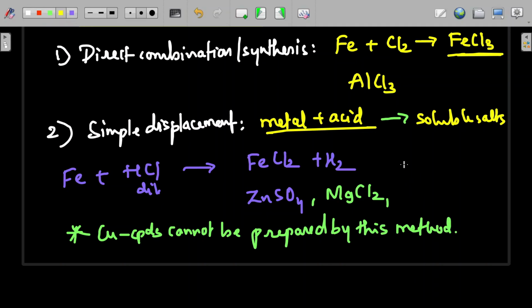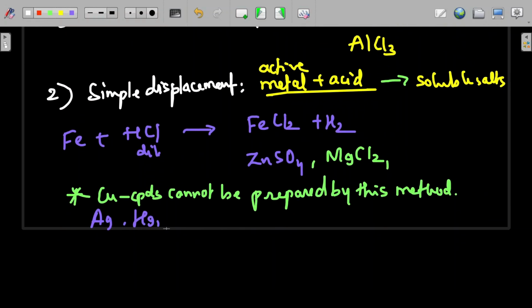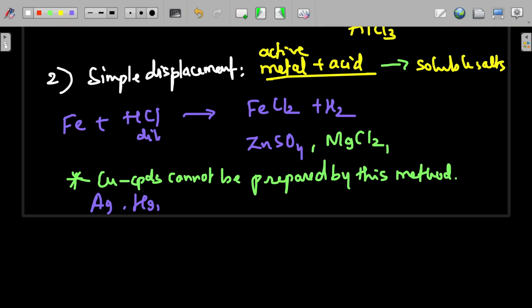Sir, because they can't be displaced. Yes, simple. You have to use active metal, whereas copper is below hydrogen, right? Hydrogen is here, copper is here, or any metal below copper, like silver, you also can't use. Mercury you can't prepare using this method because it will not displace hydrogen from the acid. Simple things. If you understand, it will become very easy for you.